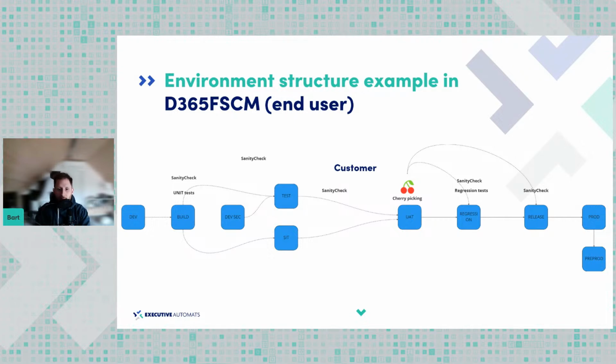Then we've got something called UAT, as mentioned, user acceptance testing, and every functionality which is approved by the business is moved to the regression and release environment. There's a cherry picking here, and I'll explain that later at the end of this presentation. But this is something also very interesting.